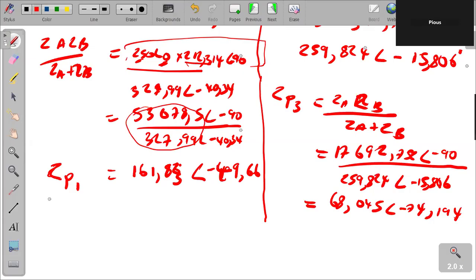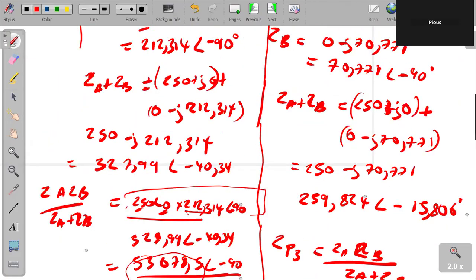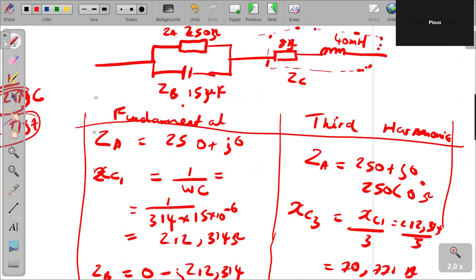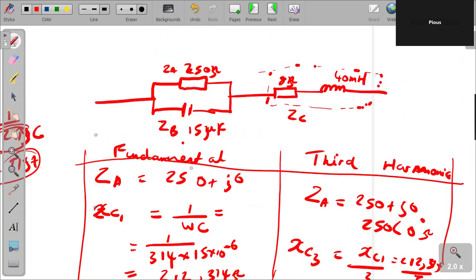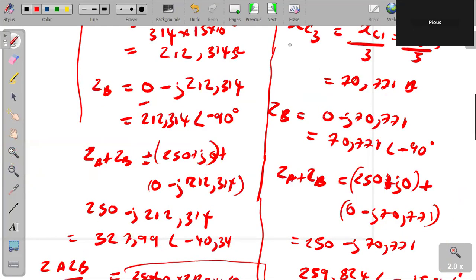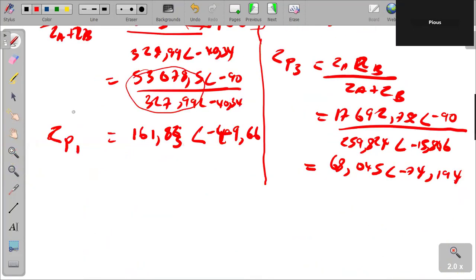ZP1 is now in series with ZC, considering our circuit. This is how our circuit is. The ZP1 that we have calculated is in series with ZC. So to find Z total for the fundamental, ZT is going to be equal to ZP1 plus ZC. We are just taking them directly.